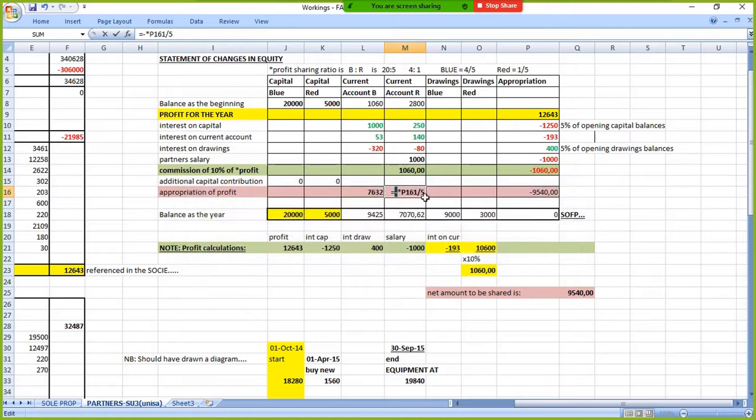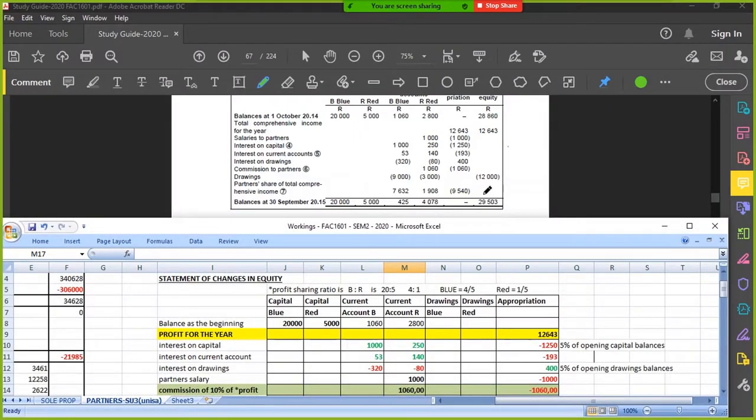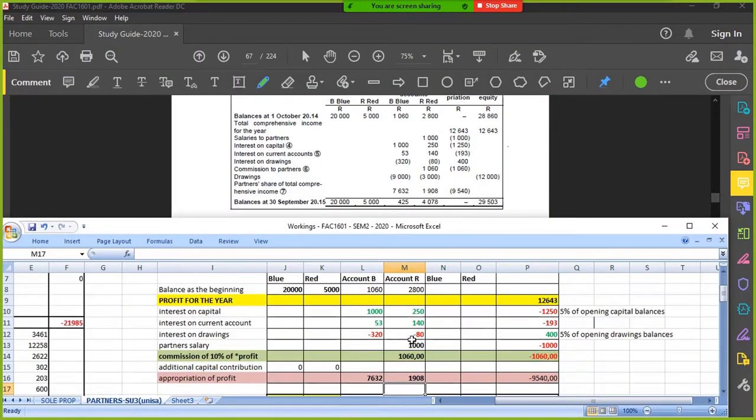Oh, why is it not working? Oh, there's a negative there. Okay, times 1 over 5, enter. Oh, didn't work. Try again. Equals this times 1 over 5, enter. There we go. Right, is that better? Yes, okay, that's better. So yeah, it was the current account.